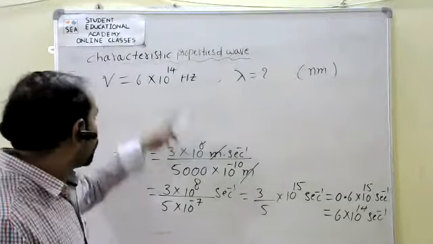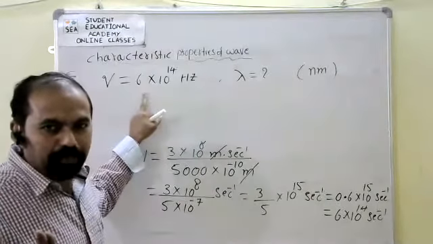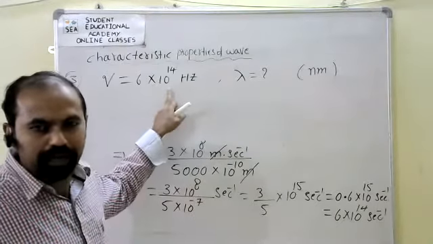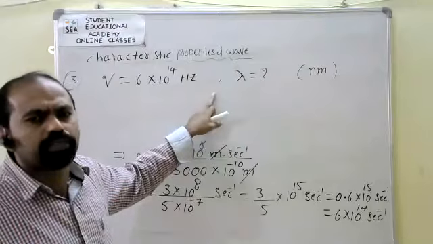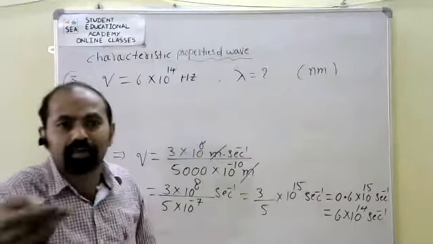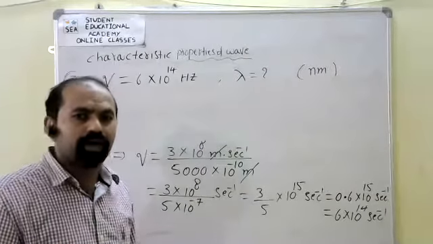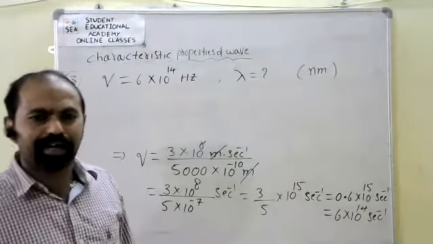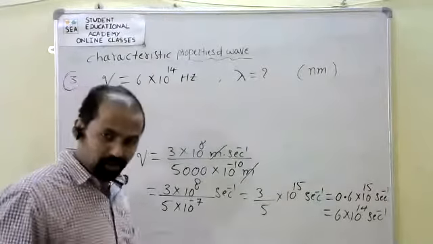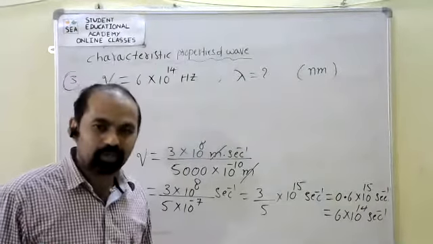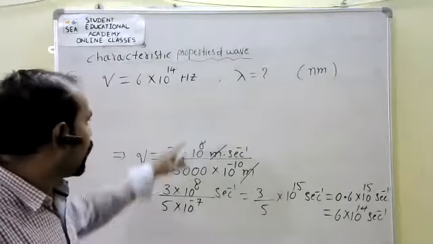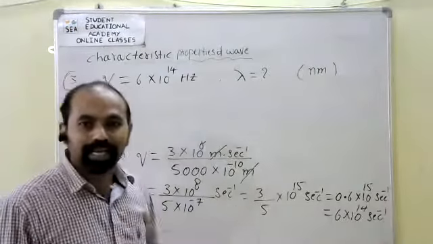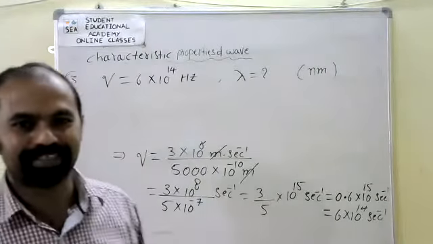Generally the frequency is given as 6 into 10 power 14 hertz. What about its wavelength? The options are 5 nanometers, 50 nanometers, 500 nanometers, 0.5 nanometers. So what we want here is the lambda value in nanometers.